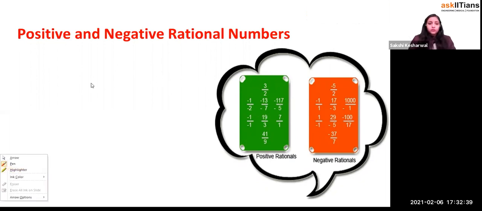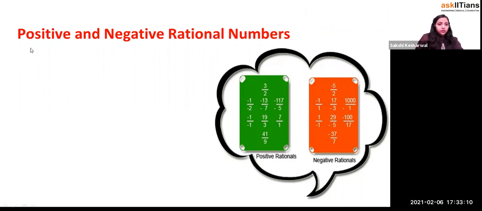We have studied in the class what the negative rational numbers and the positive rational numbers are. I'll write down the definition for you. What are the positive rational numbers?